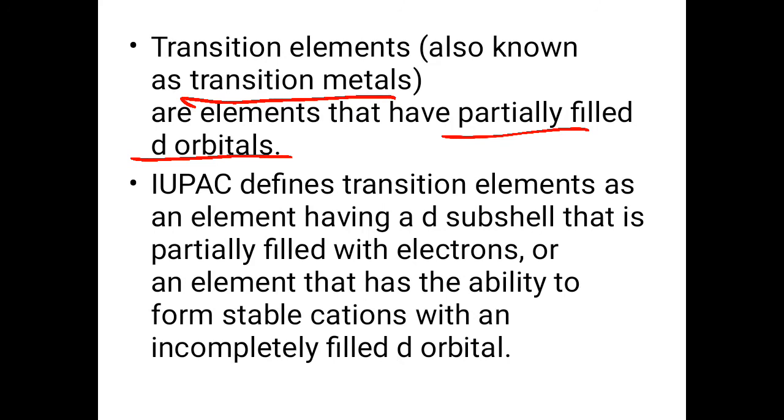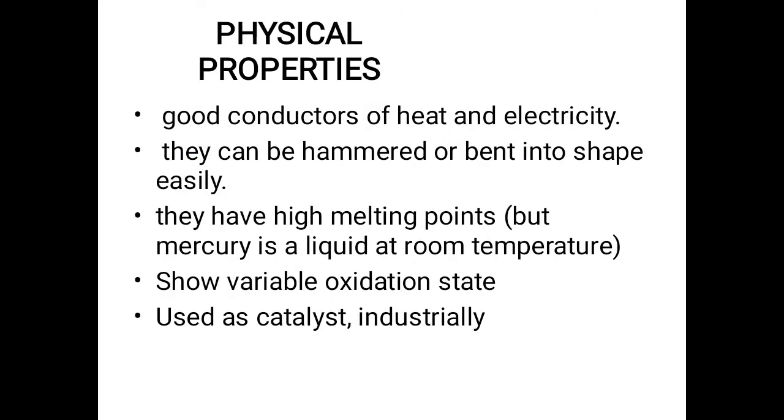More about them. Let us see some of the salient and main physical properties. They are good conductors of heat and electricity. As you have already seen, these elements are capable of making stable cations by losing electrons, and these metallic atoms have mobile or free electrons.